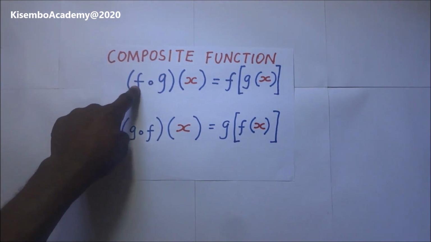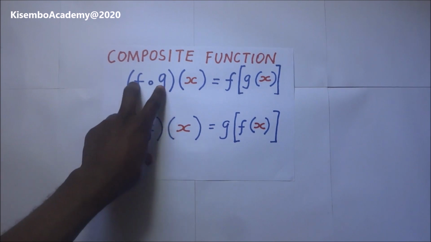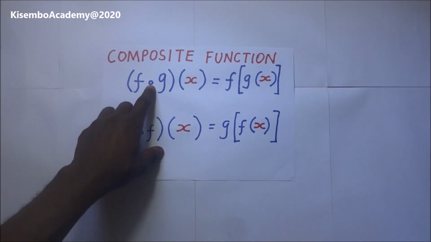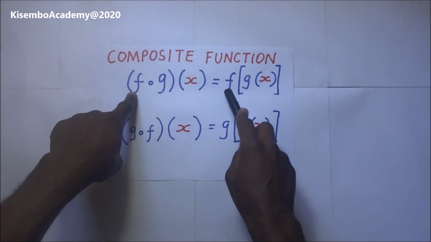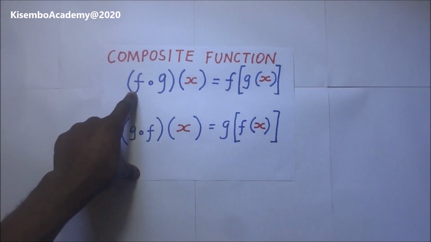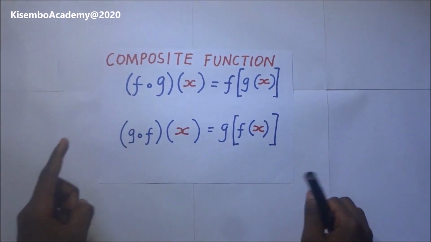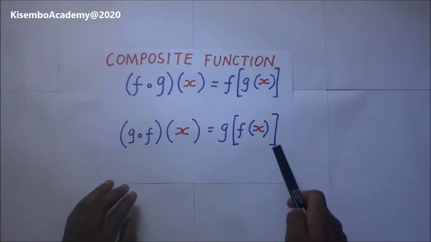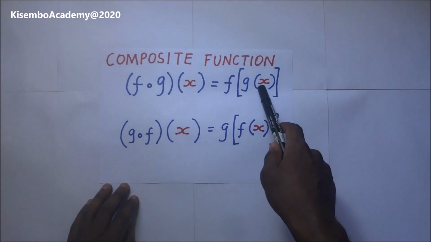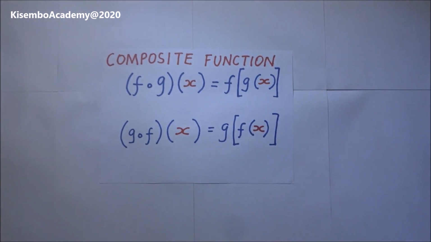The function f being a composite of function g, or f small round circle g of x, where x is the input, is the same as saying f, where the input is another function. In simple terms, a composite function is a function of a function, a situation whereby you have a function that is acting as an input in another function.